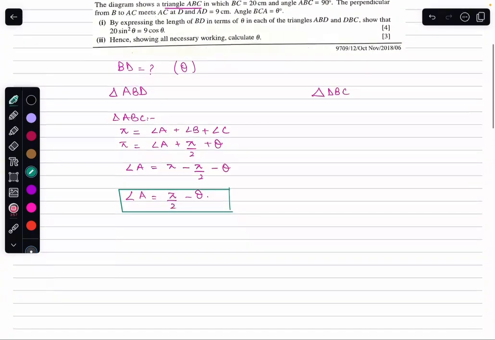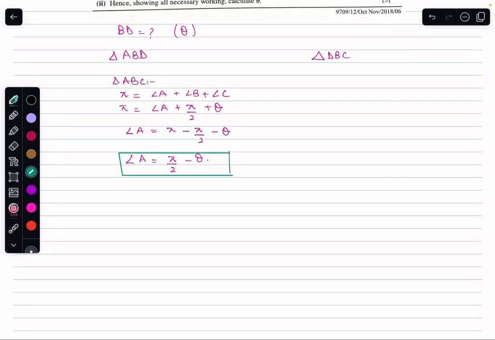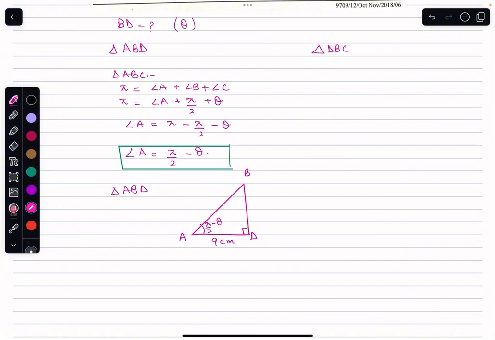For triangle ABD, if I redraw the triangle A, B, and D, D is a right angle. We have angle A, which is π/2 minus θ, and we also know that AD is given as 9 centimeters. With respect to angle A, BD is the opposite and AD is the adjacent.